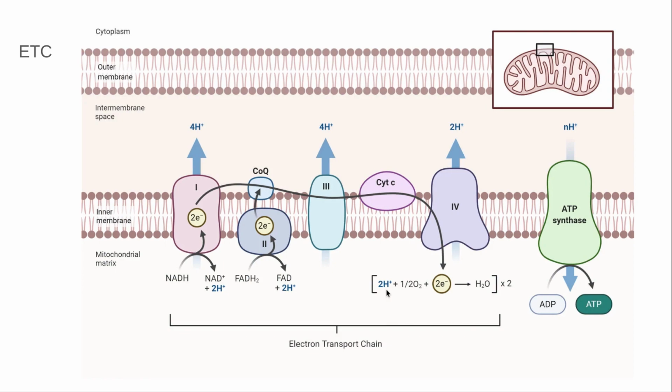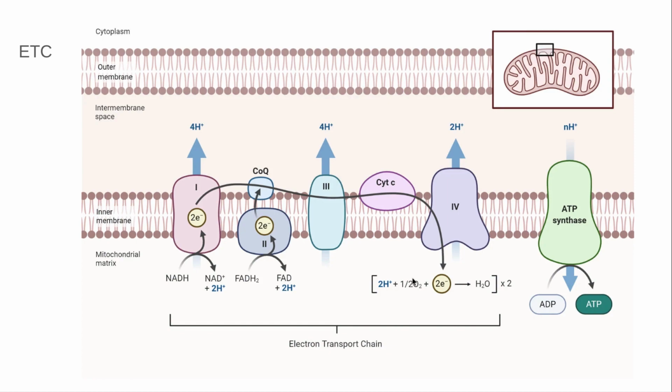So what happens here is that when the electron binds here, protons start moving from here to here. The oxygen that we breathe in is able to bind to the electron that was transferred to complex 4. So the oxygen that we have breathed in binds to the electrons, and the protons that are passing through from here to here are able to bind to that oxygen with the electrons.